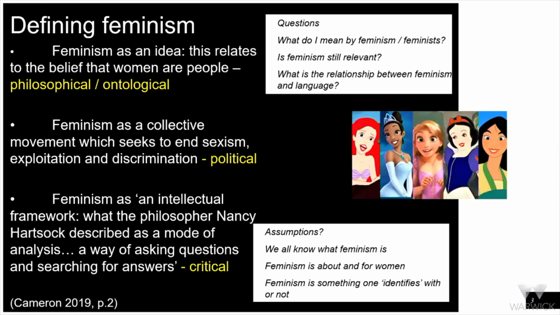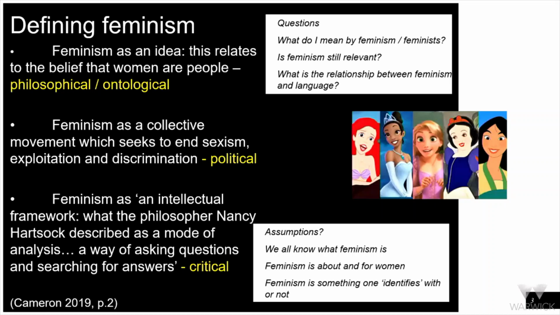Okay, so defining feminism, and I use defining because I see it as a process that's in constant evolution. Feminism is never fully defined. But Deborah Cameron, a well-known feminist linguist, breaks it down into three areas.